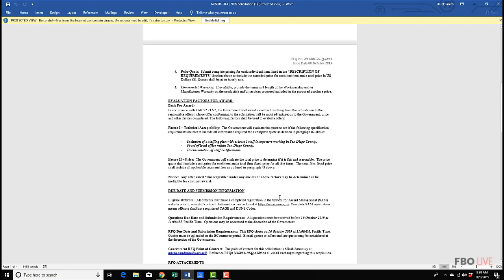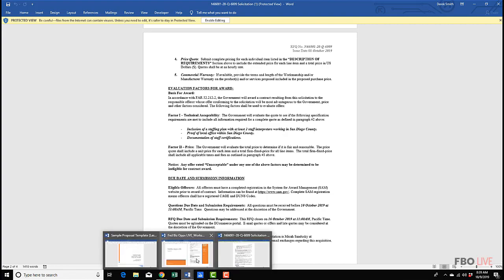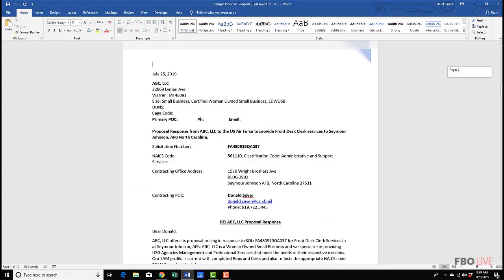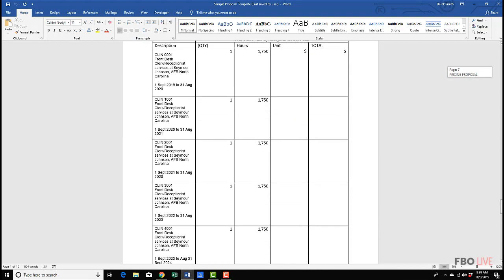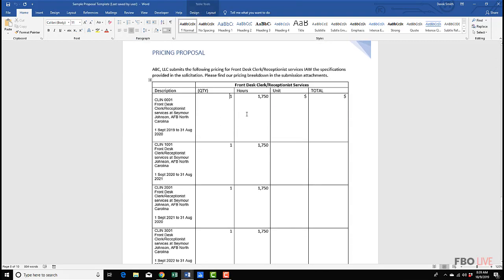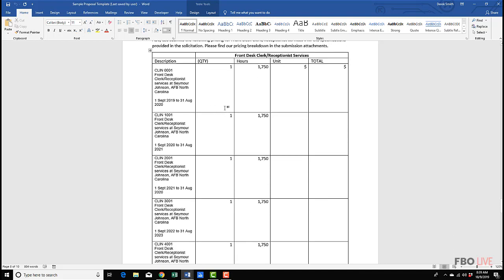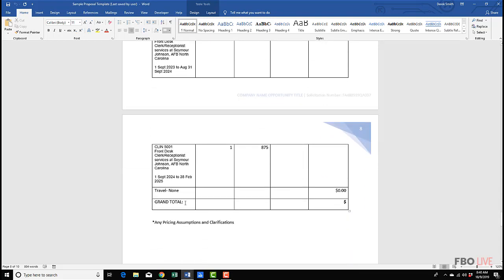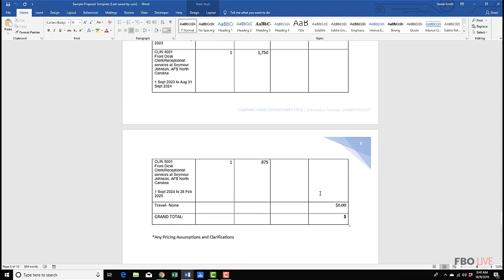So what I would do, and I'll show you guys in the proposal template under the pricing section, is just include everything. Show the number of hours, show your billable rate, and what that's going to total up to, and then do that for the base plus the option years, and then do a grand total as well, adding all of those up.